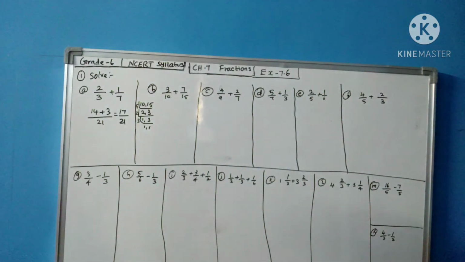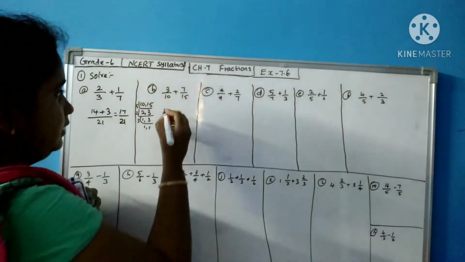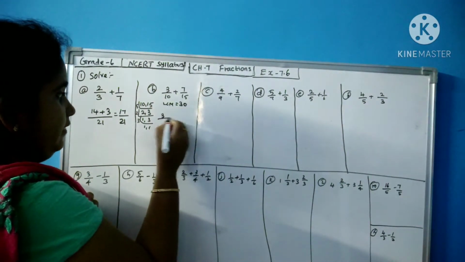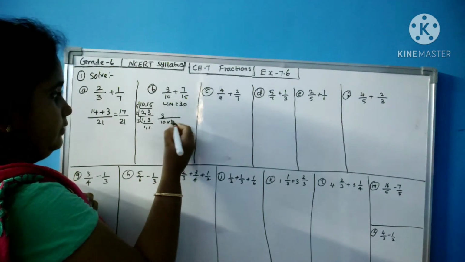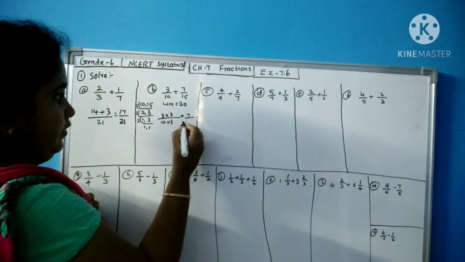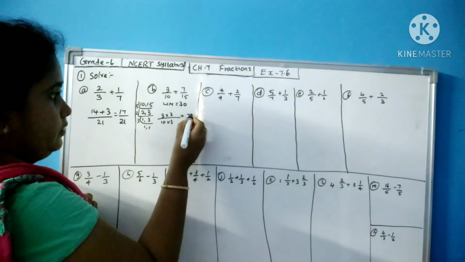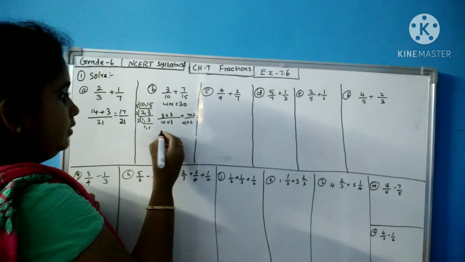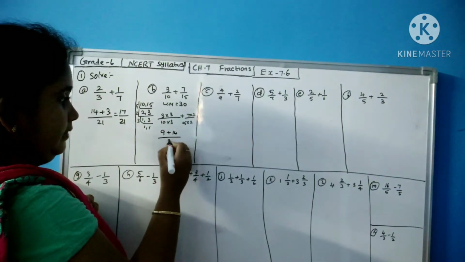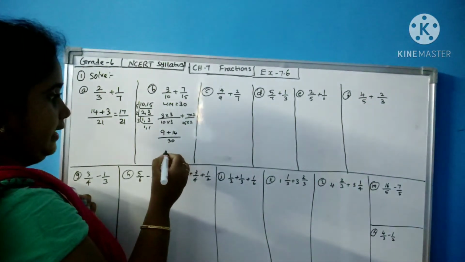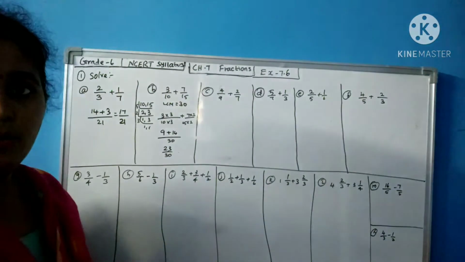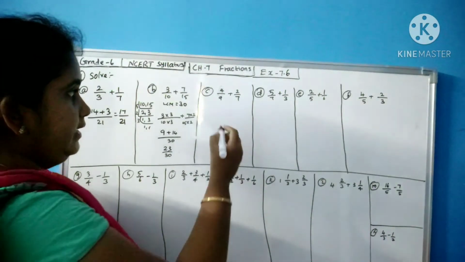So 3 divided by 10, 10 into what gives you 30? 10 into 3 gives you 30. Here also multiply by 3. 7. 15 into what gives you 30? 2 gives you 30. So here also multiply by 2. 3 3s are 9 plus 14 divided by 30. 14 plus 9, 23 divided by 30 is your answer. Hope you understand.